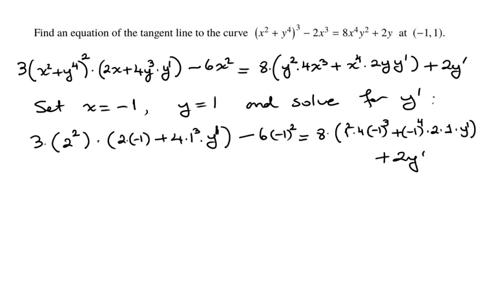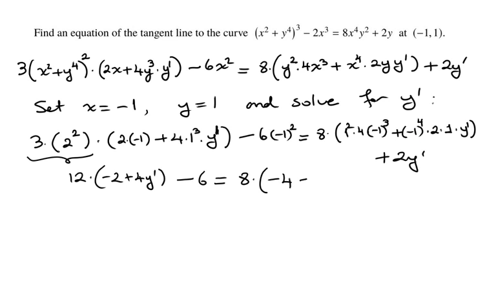So let us solve for y prime here. So this quantity is in here, 12 times (-2 plus 4y prime). Let me first simplify this. -6 equals 8 times, and then this becomes -4, and then 2y prime plus 2y prime. But now it is time to distribute this.